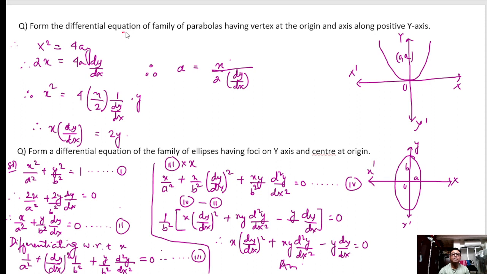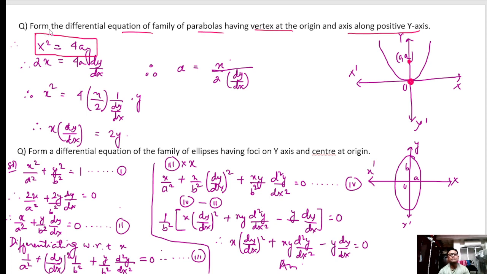Similarly, form the differential equation of the family of parabolas having vertex at the origin and along the positive y-axis. So see, this is along the positive y-axis. The focus is at 0 comma a. So this is our equation of a parabola having the y-axis as axis of symmetry.